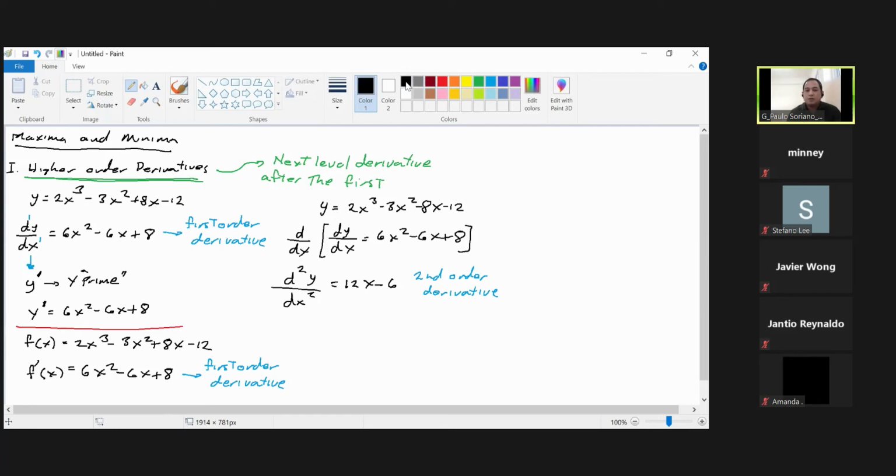So if I'm going to ask you to find d cubed y dx cubed, that means what? We need to get its third order. From where? From here, okay? So the third order is going to be simply 12.